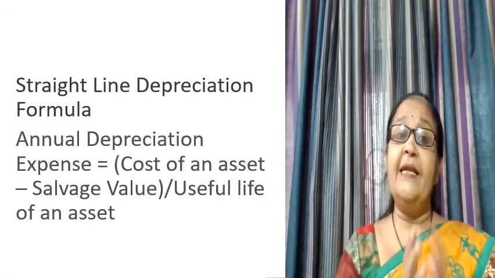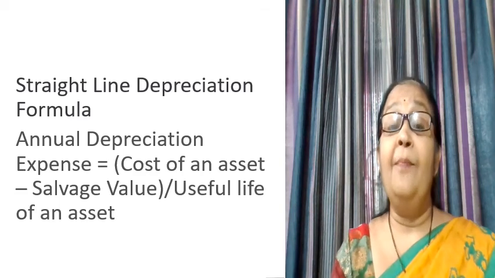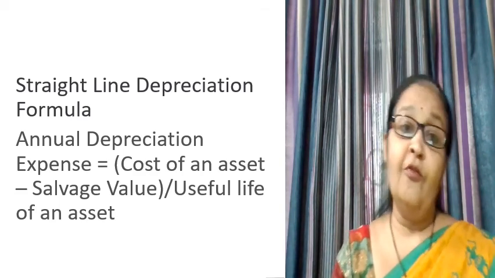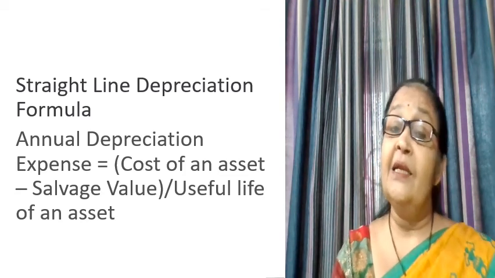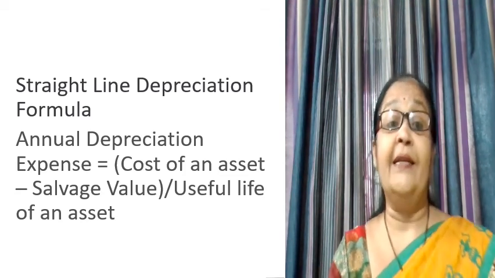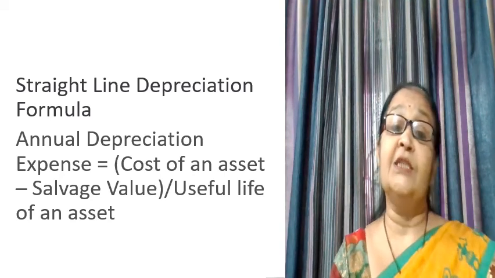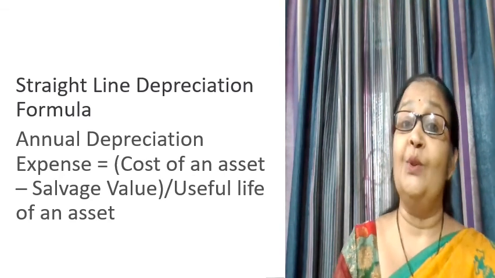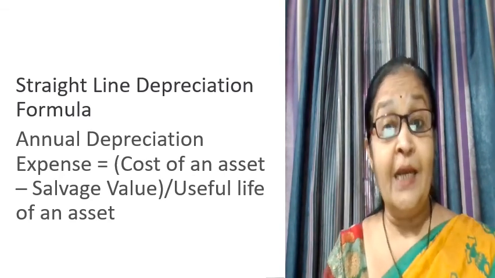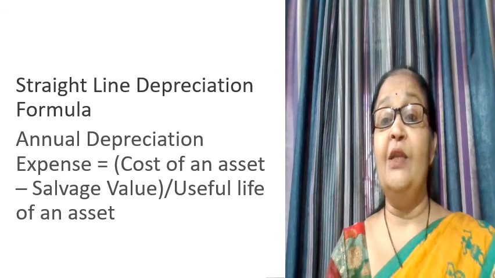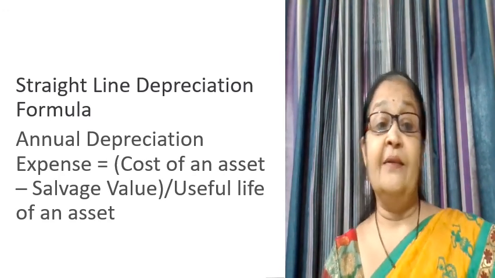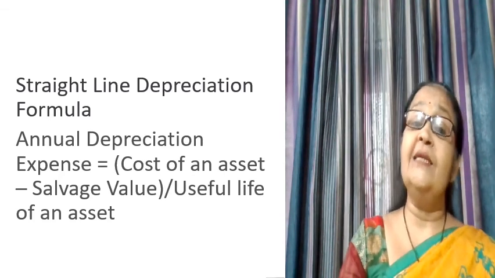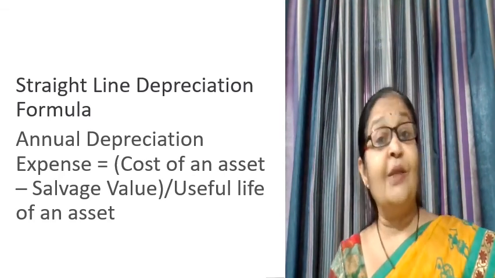Friends, the straight line method is applied with the help of a formula. The formula is: annual depreciation under straight line method can be calculated as annual depreciation expense is equal to cost of an asset minus salvage value, and the whole divided by the useful life of an asset, where cost of asset is the purchase price or the historical cost.